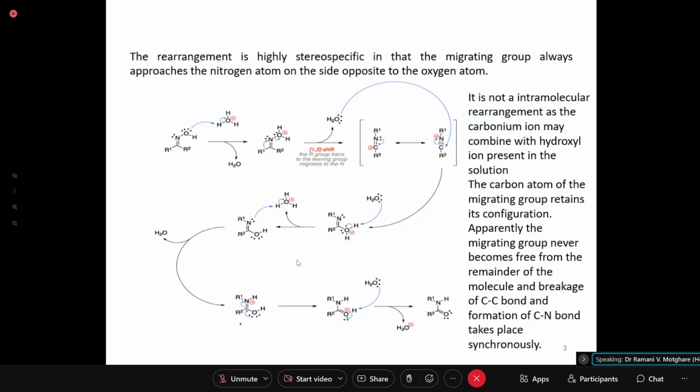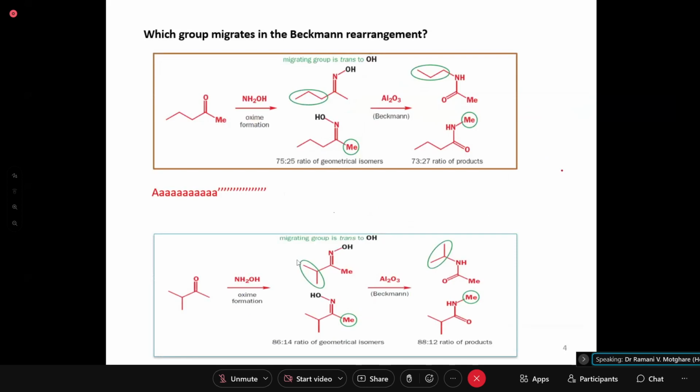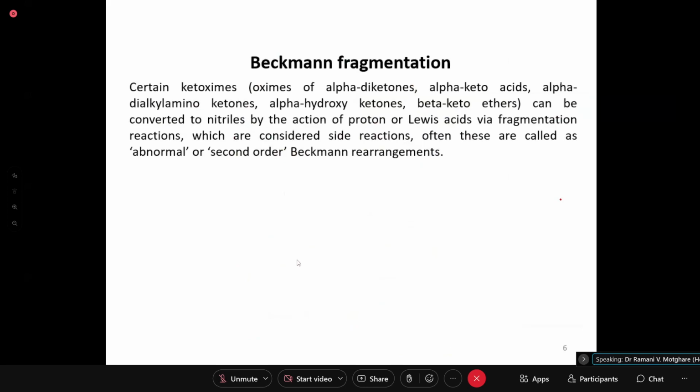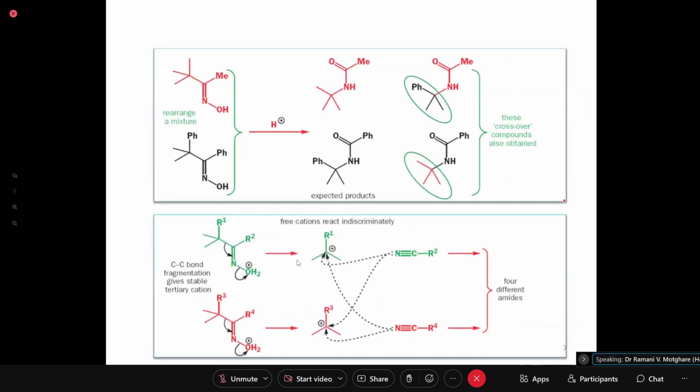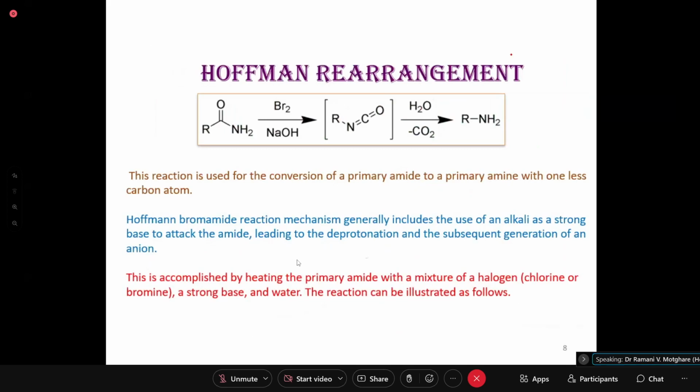As you have already written the mechanism, I will not go into detail, but I'll share this PPT with you in PDF form so that although you have written the assignment, this will be there as a reference. So how the groups migrate and all. Then the applications of the Beckmann reaction and Beckmann fragmentation and all. Then coming to the next one which I gave you, the Hofmann rearrangement.